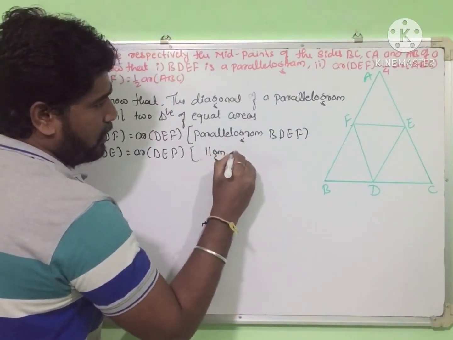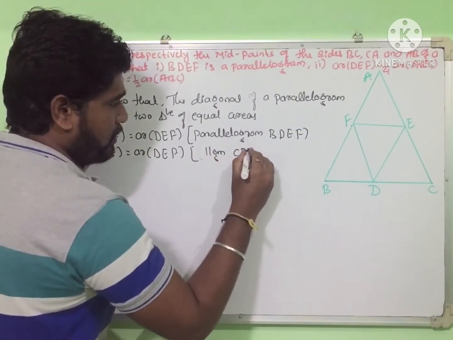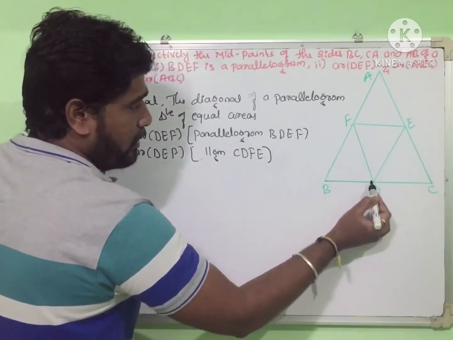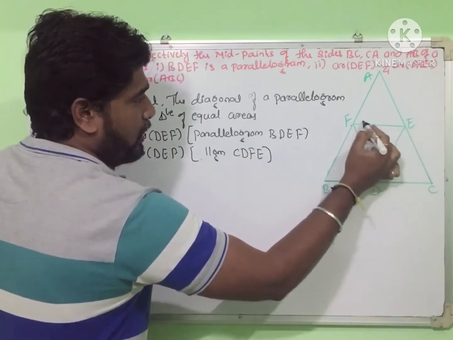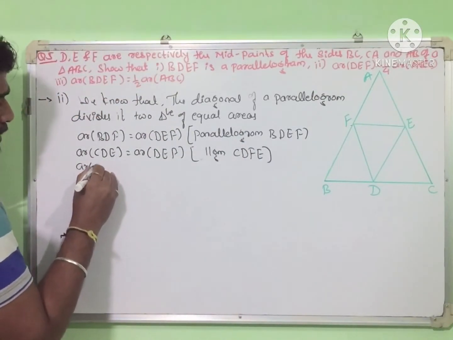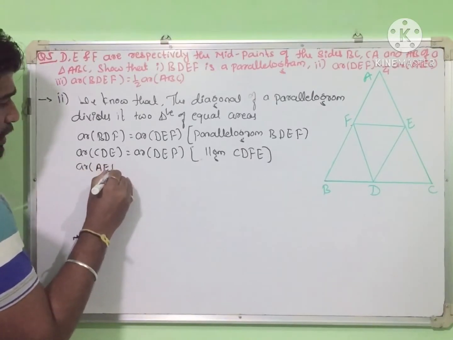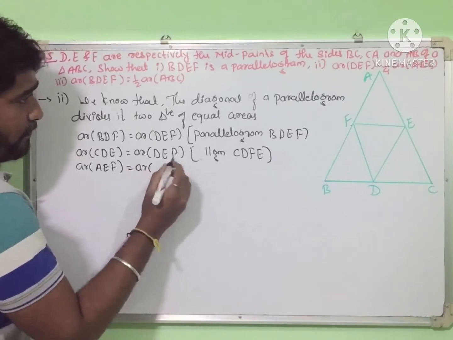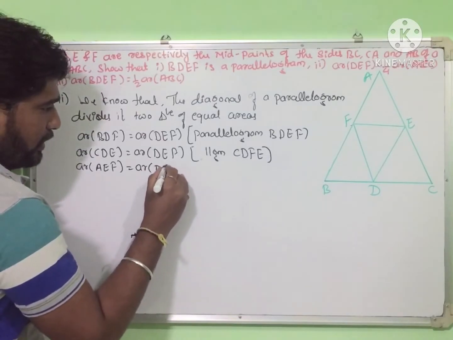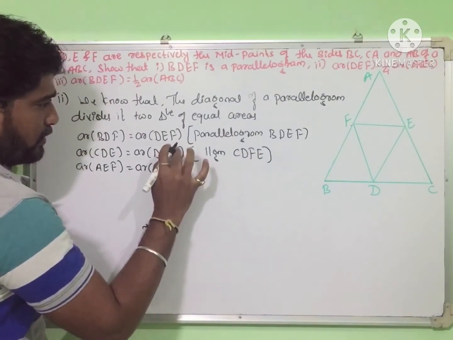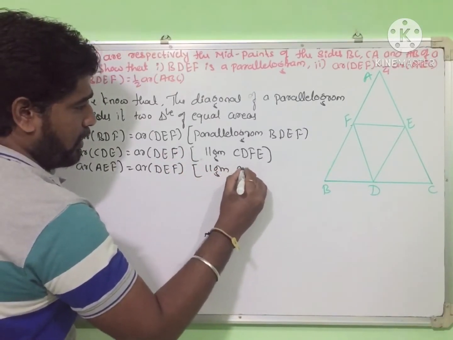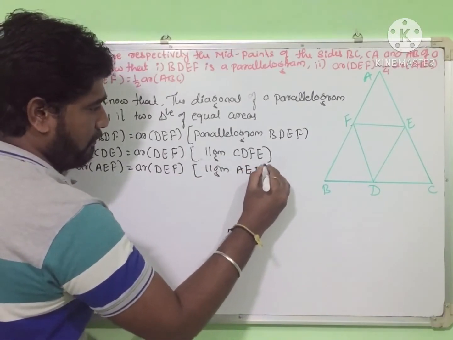And similarly in AEDF, here also diagonal EF divides it into two triangles, right? So area of AEF is equal to area of DEF, in parallelogram AEDF, right?